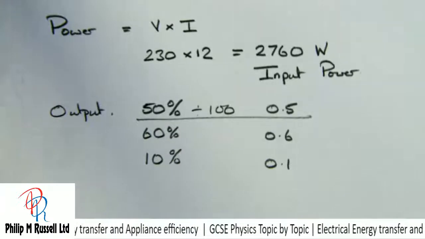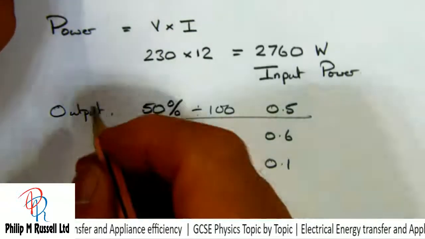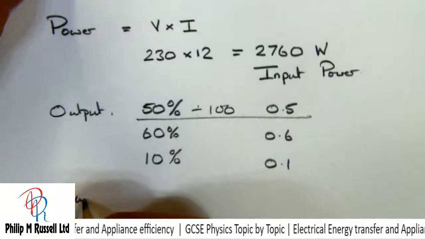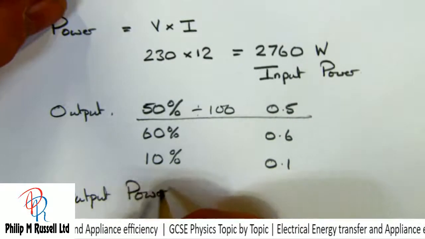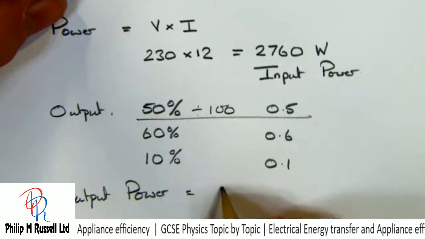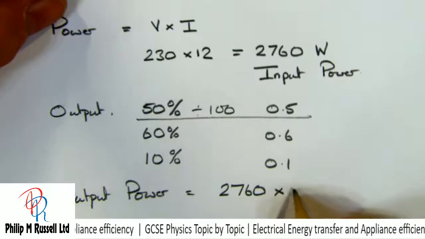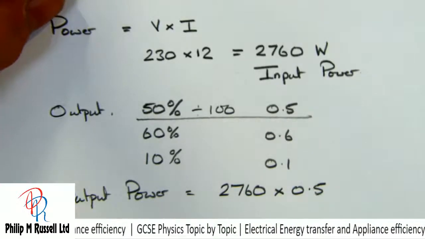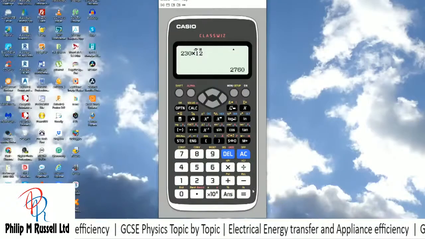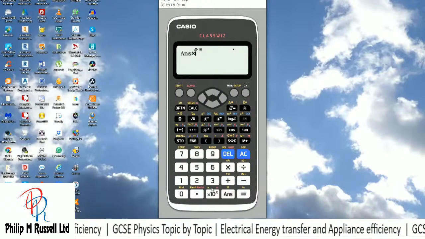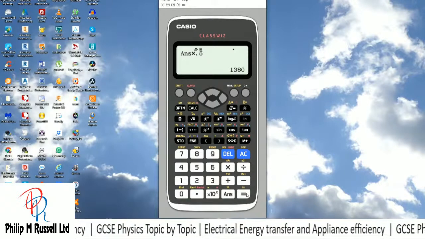This was our question, 0.5. So our output power is going to be our input power times by 0.5, and working that out gives me 1380.